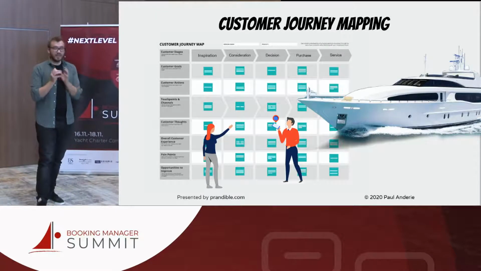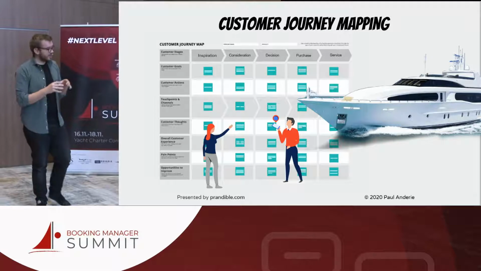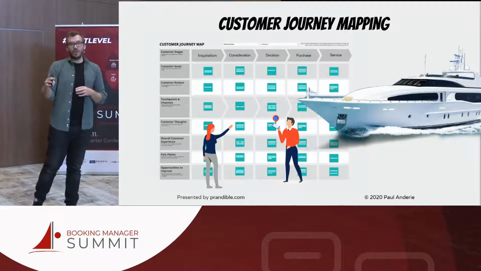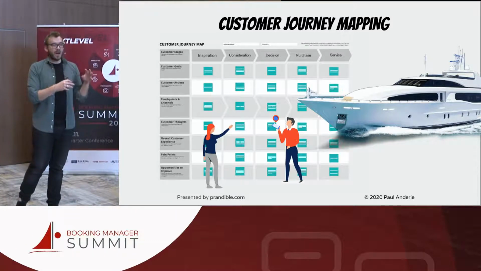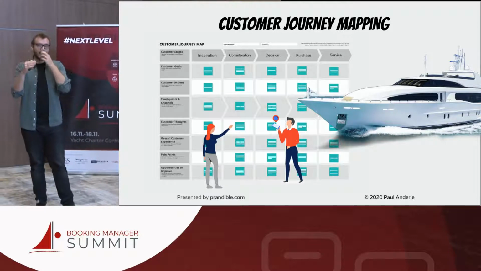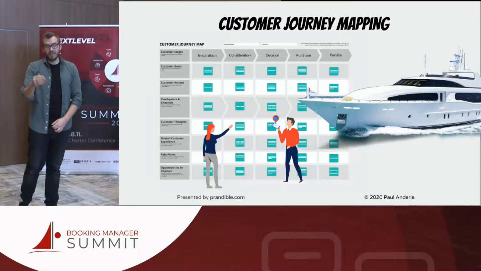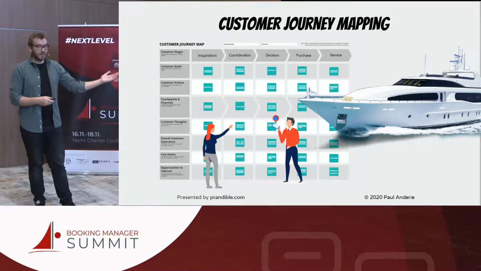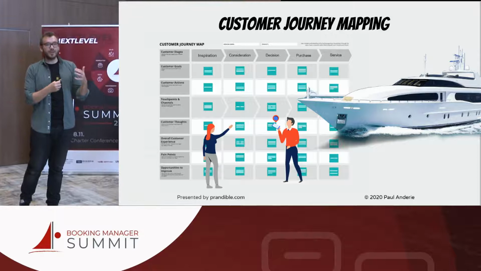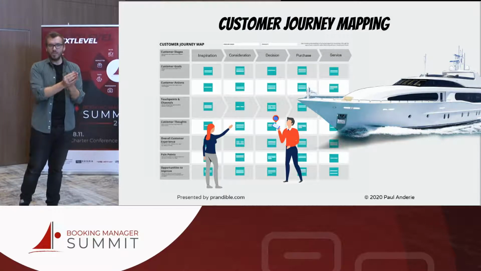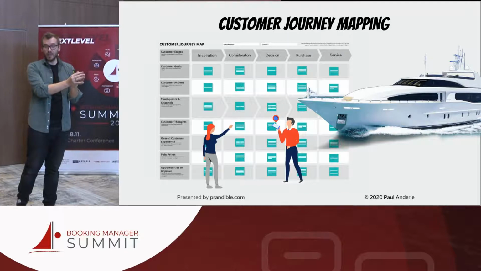And the first thing, as a kind of tool I want to give you, is just think about the customer journey. Think about what kind of goals they have in each different area of the purchase process. Definitely, they have different interests when they are considering going with a family on a boat vacation.